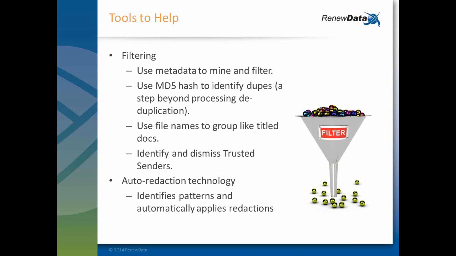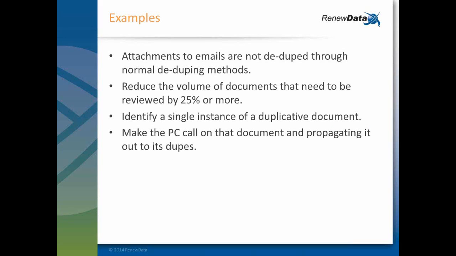Some examples, and I talked about these a little bit. This one is about the attachments to emails that are not deduped. As I said, it's a really significant way to reduce the volumes up to 25%. It could possibly be even more than that. But here's a real interesting one that everybody encounters.